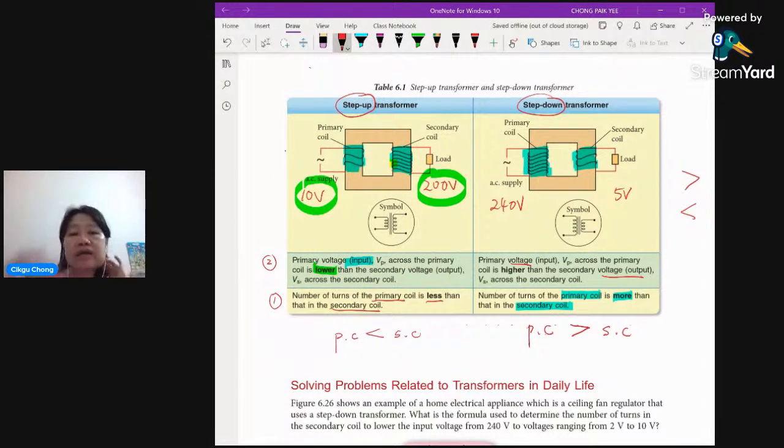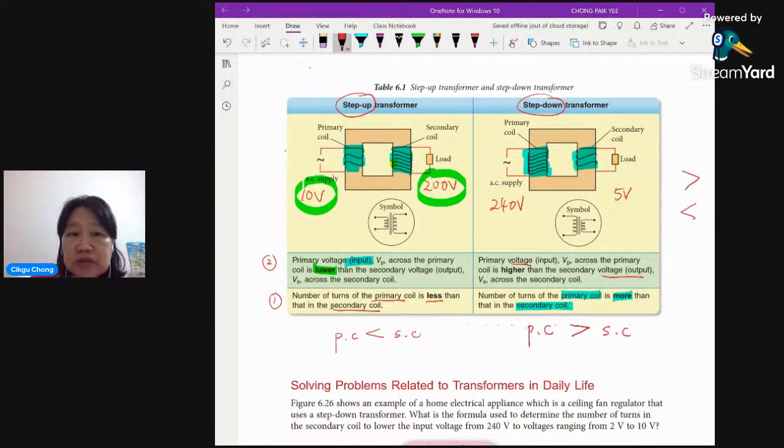Now you can talk about it in terms of the voltage. Let's say I want to give another reason why, what's the difference between the step-up transformer and step-down transformer? The other reason is, for step-up transformer, comma, the input voltage across the primary coil is lower than the output voltage across the secondary coil.